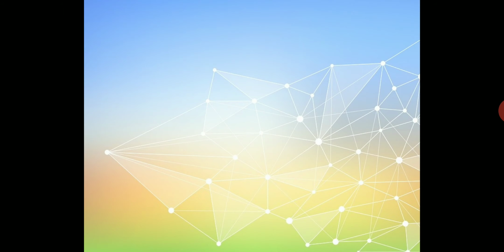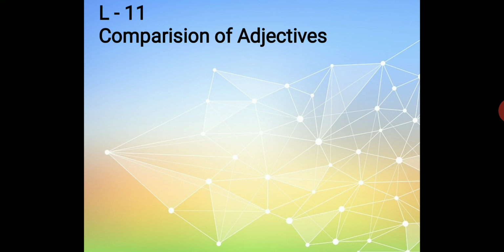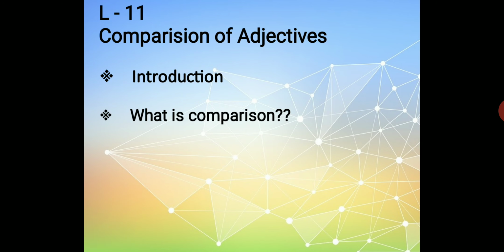Today we are going to start our new lesson number 11, Comparison of Adjectives. Let's see what we will learn in this lecture today. First of all, we will see the introduction and I will give some basic information about the topic. Then we will see what comparison is.